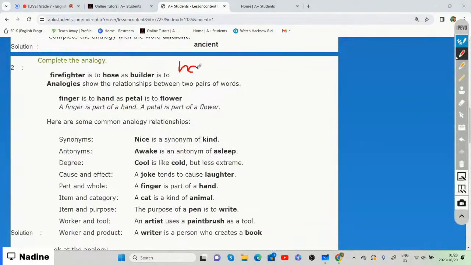So firefighters use a hose to put out the fire, and builders use hammers. You need to use a hammer to put a nail through the wall or something.